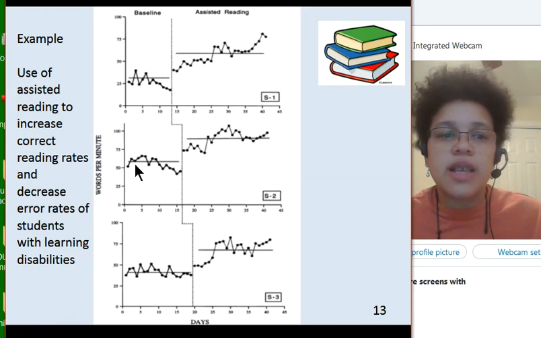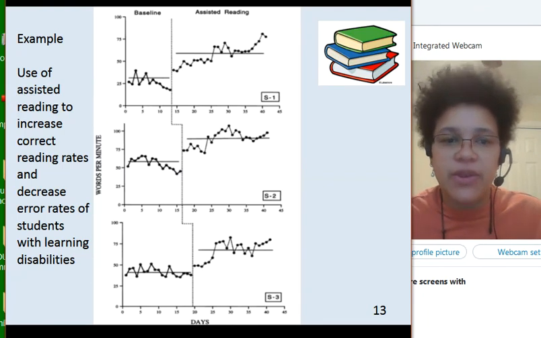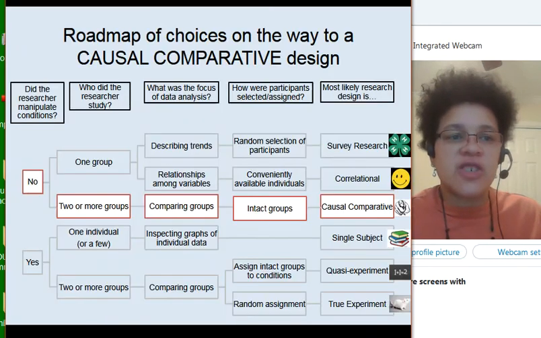Traditional method, intervention method, traditional method, intervention method. Just looking at this, it looks like the intervention method was better, right? You can see that very clearly from the graph. So that's an example of a single subject research design.